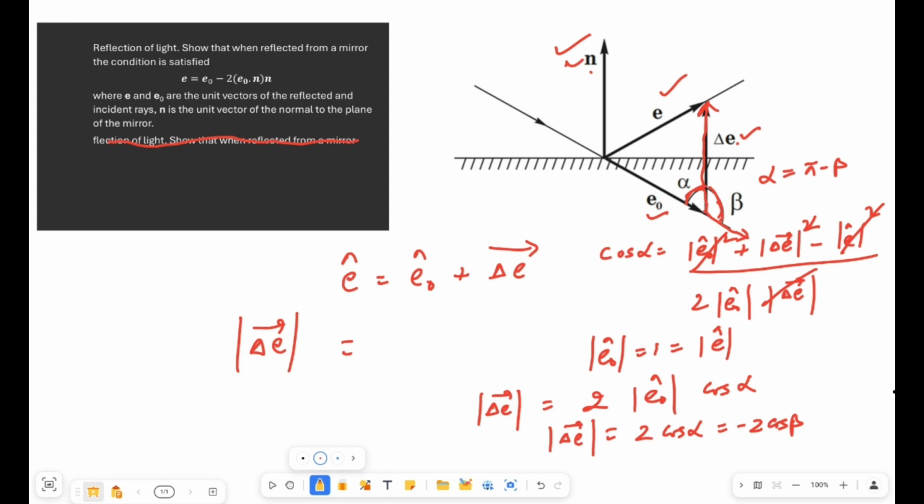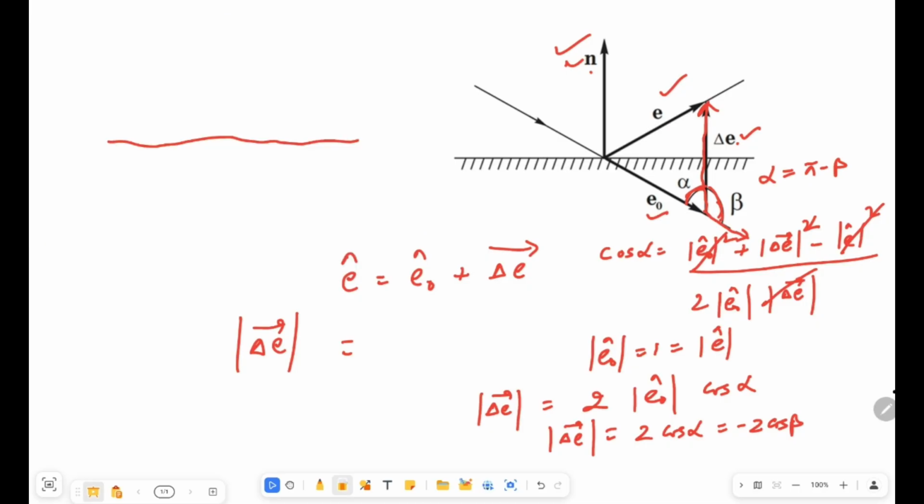I think the role of the problem statement is over now, so I can remove it from the screen and use the place for solving this problem.